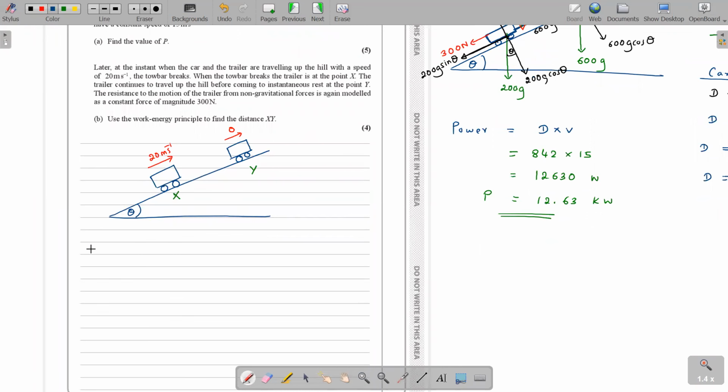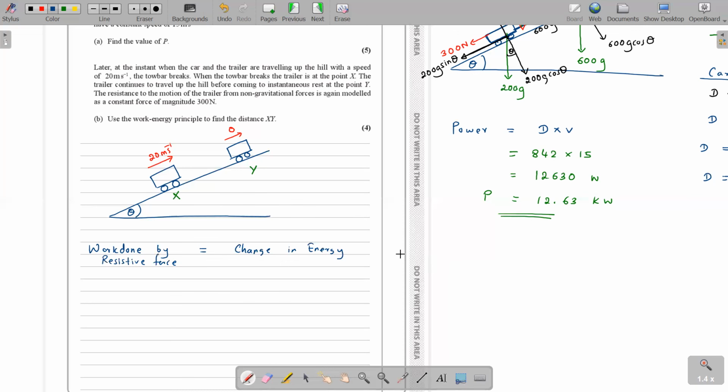The work done by friction, or the work done by the non-gravitational resistive forces, is equal to the change in energy. This is the principle.